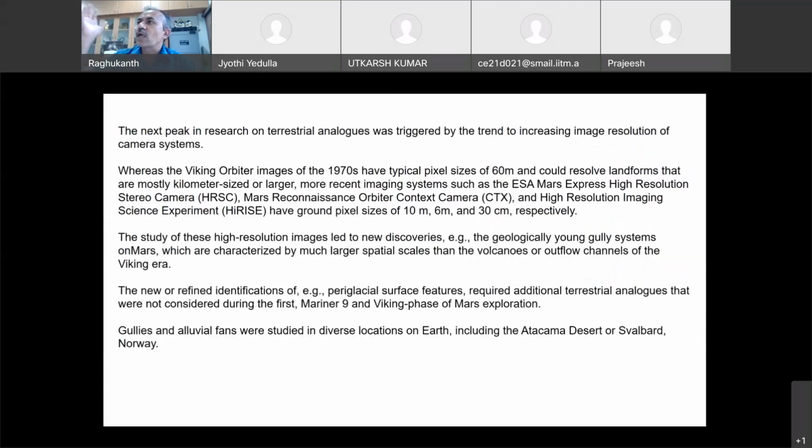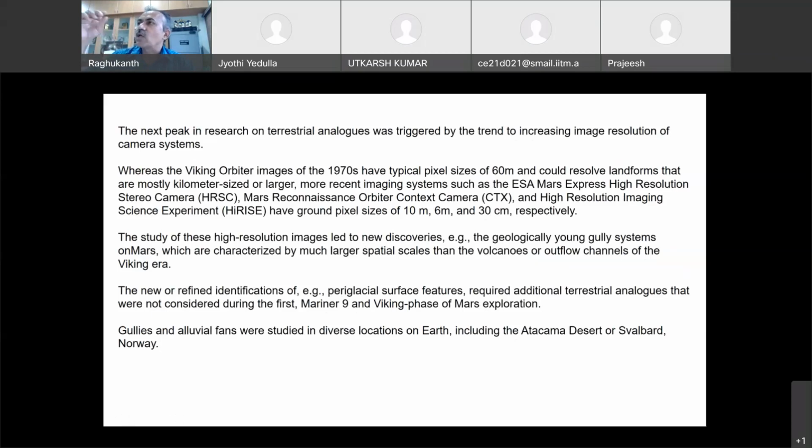So that's what we said. Terrestrial analog is very important in planetary geology, and of course this subject has evolved like anything. Now we are having high resolution cameras, like in your mobile camera, 108 pixel, huge things are there. All this mobile camera technology came from space only. In the 1970s, pixel size was 60 meter or something like that. But now you can see the planet at 6 meter or 30 centimeter resolution from the orbiter itself, not from the lander.